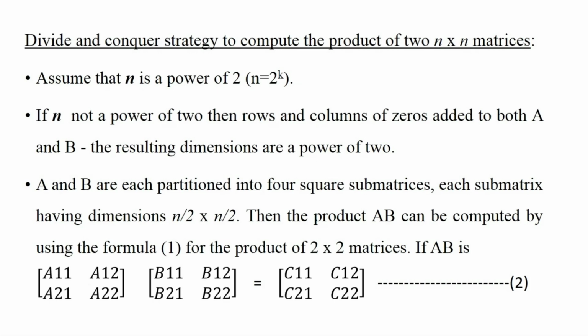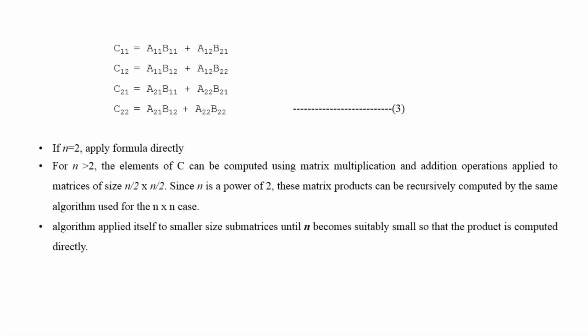In this case, the product AB can be computed by the formula for the product of 2 cross 2 matrices. So A is given as A11, A12, A21 and A22, the 4 square submatrices, and B as B11, B12, B21 and B22, another 4 square submatrices, to get the resultant product matrix C. So C11 of the product matrix is nothing but A11 into B11 plus A12 into B21.